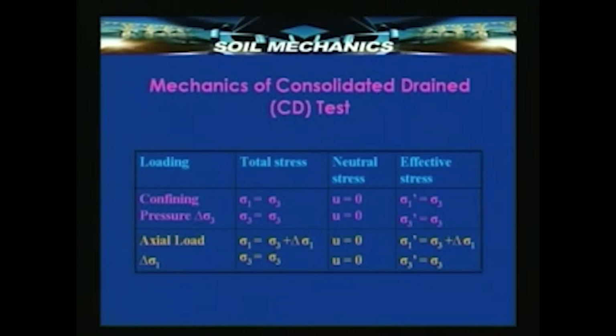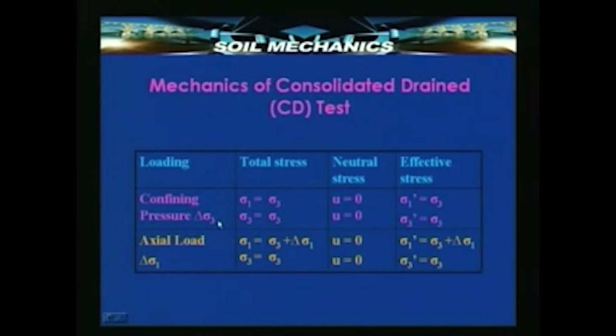So, let us take a look at the mechanics of the first type of test, that is the consolidated drained or CD test. Of course, we had seen it last time also, but let us quickly recapitulate. There are two stages of loading, and the stresses vary throughout the test as shown in this table. The first stage of loading involves application of the confining pressure sigma 3.